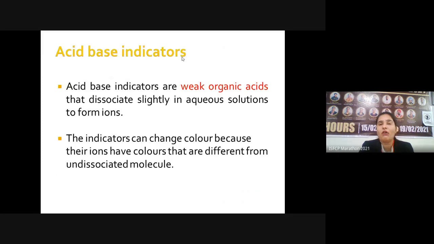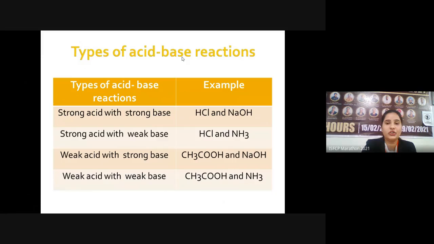According to the benzenoid-quinonoid theory, indicators exist in two tautomeric forms, the benzenoid form and the quinonoid form, which have different colors, and hence the color variation is observed during the change in pH.